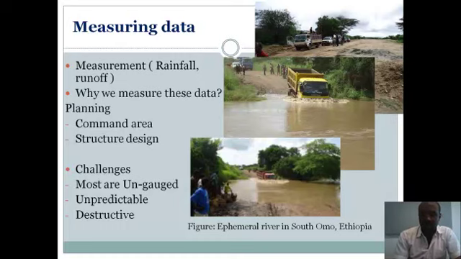For example, here what we could see is an ephemeral river in South Omo of Ethiopia. Basically, here people stayed for some hours, because when they crossed it was dry, and then when they returned they had to stay for 2 hours. It is just a flow of runoff which lasts maybe 2 to 3 hours.